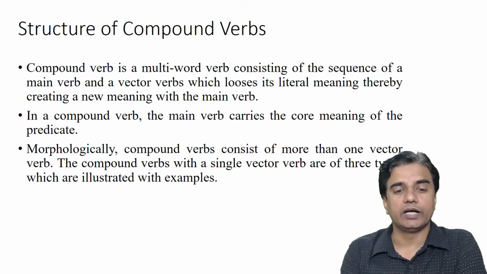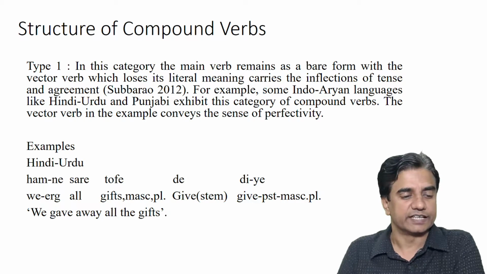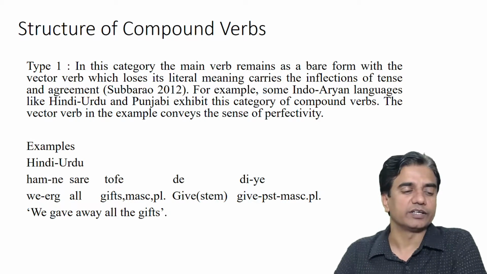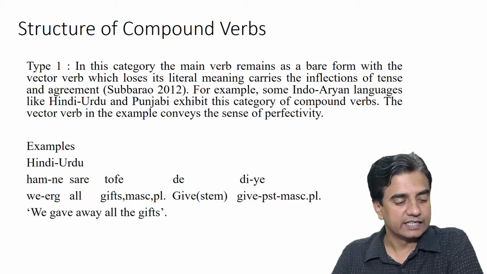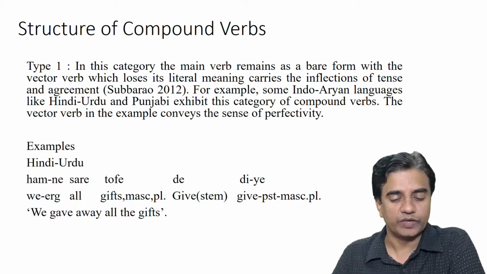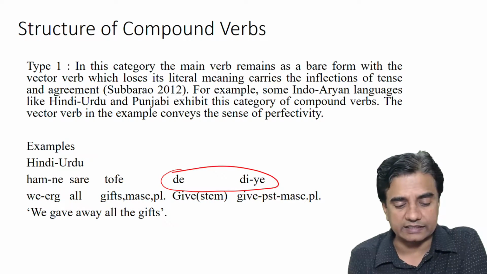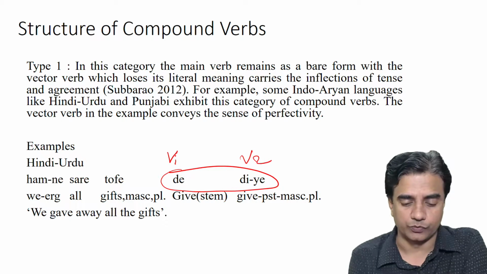So, let's look at another example from a language like Hindi, which we call a type 1 compound verb. Here is the sentence, हमने सारे तोहफे दे दिए. Look at this example, दे दिए. This is V1 and this is V2.